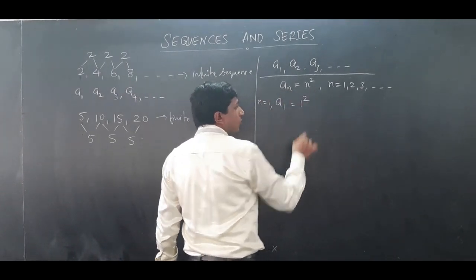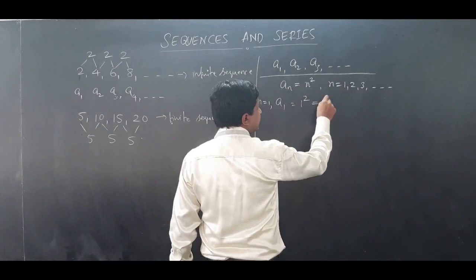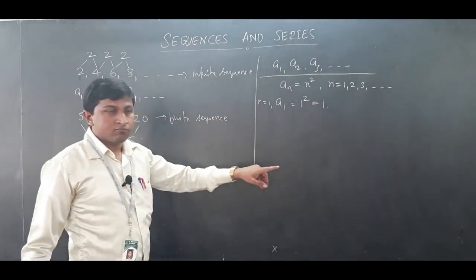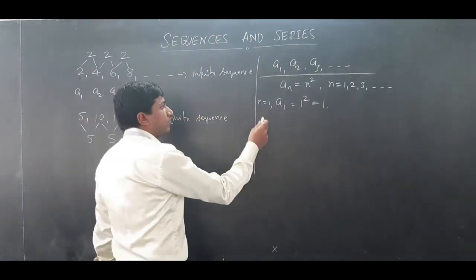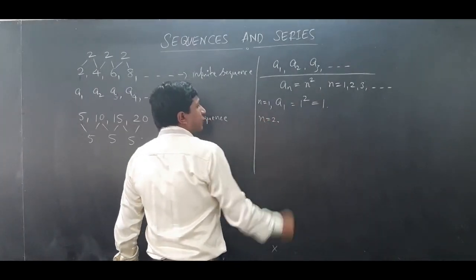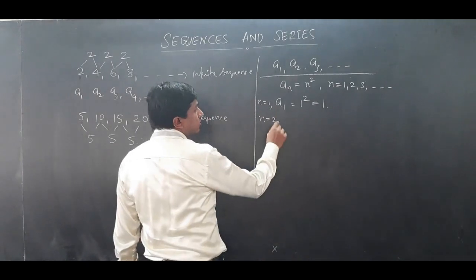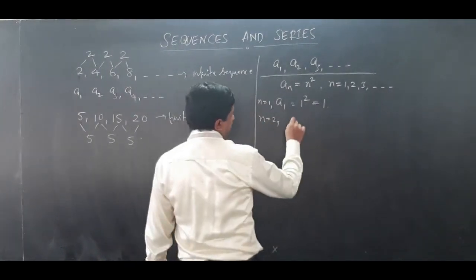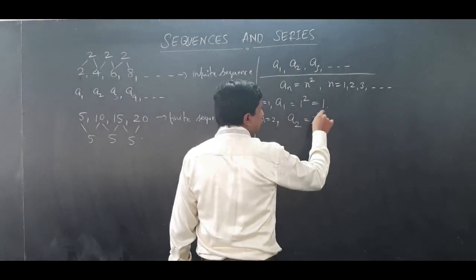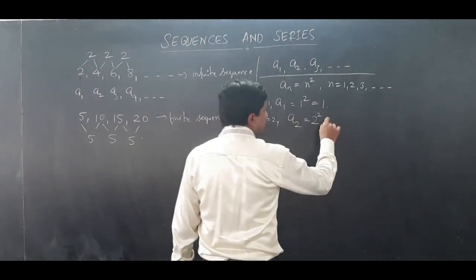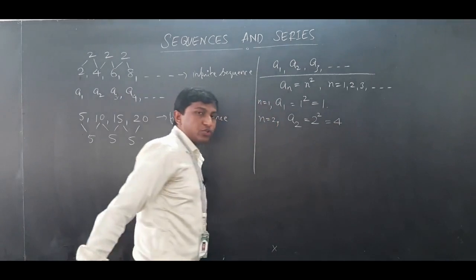A1 equals 1 square. 1 square is nothing but equal to 1. So, the first term of this sequence is 1. Then, moving on. To find out the second term, we put n equals 2. So, what do you get? A2 equals 2 square. What is 2 square equal to? It is equal to 4.